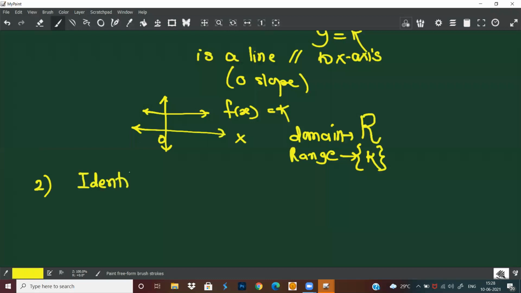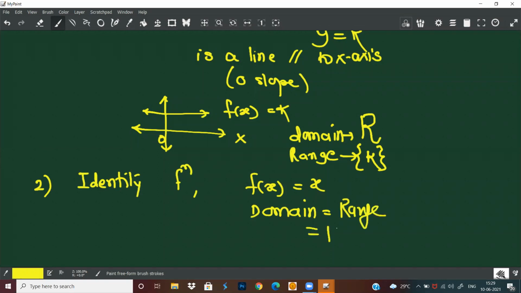You know what is identity function? Your f of x is same as x. So इसका रहेगा domain and range, no restriction, both are R. Y is equal to x.